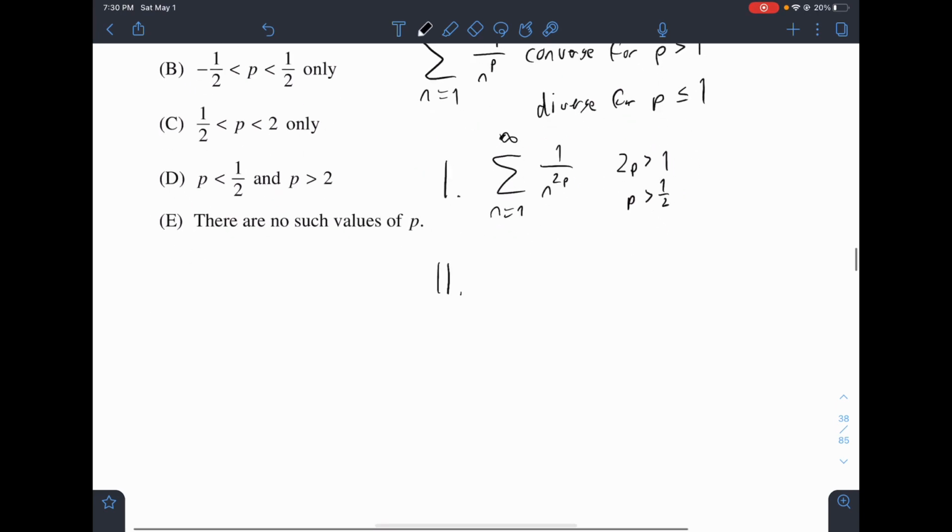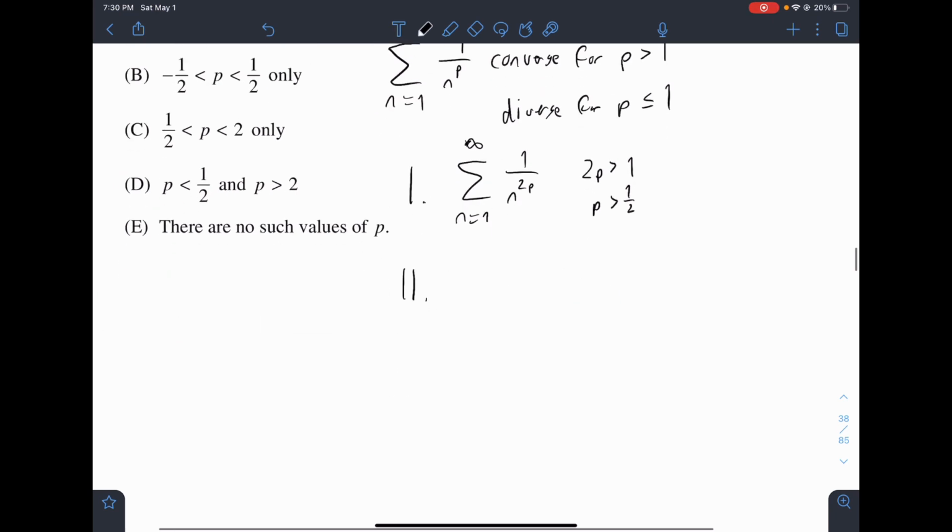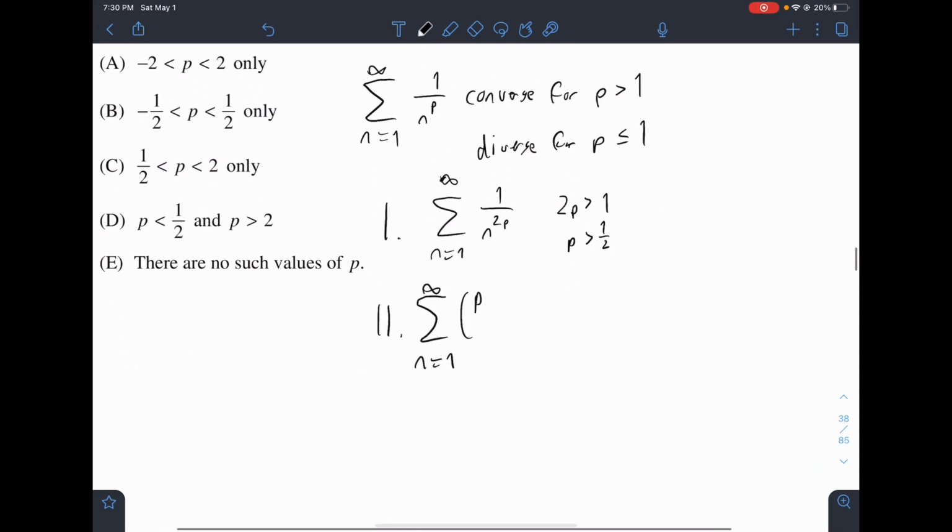Let's do the second series. The sum as n equals 1 to infinity of p over 2 to the n. This is a geometric series, so like what we did with the radius of convergence, we can set -1 is less than p over 2 is less than 1.